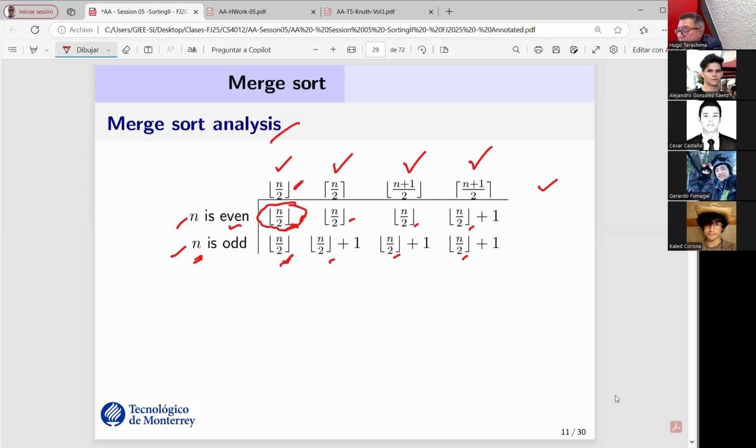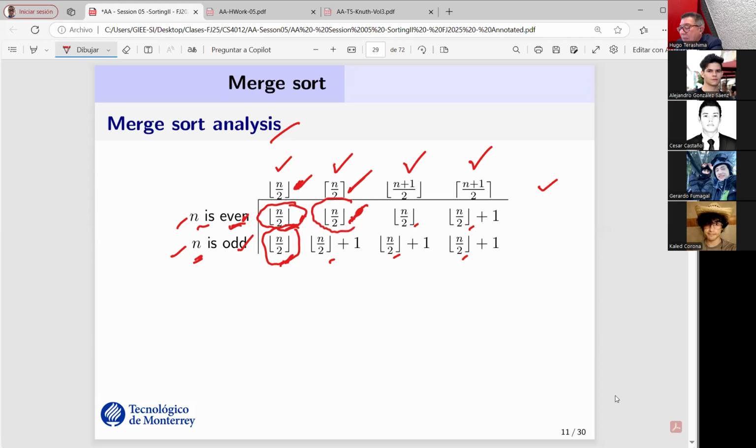For both cases, even or odd, I get n over 2 floor. Now, if I apply n over 2 ceiling when n is even, it is the same as n over 2 floor. Does that make sense? For example, if n is equal to 10, n over 2 ceiling is 5, which is the same as doing n over 2 floor.